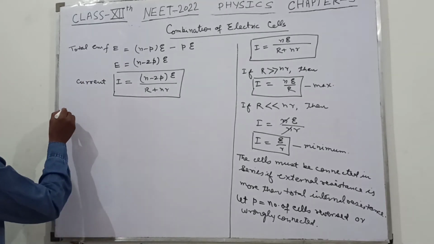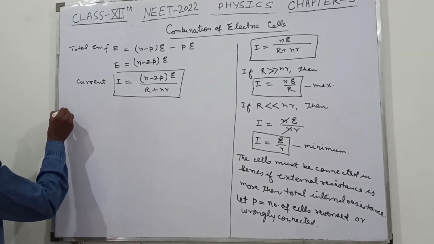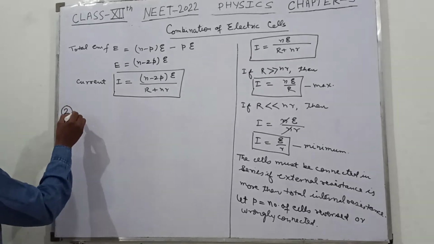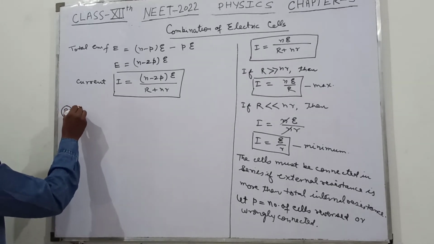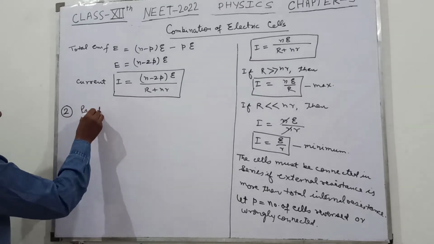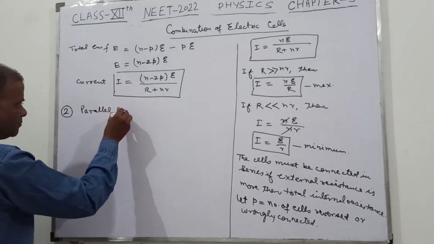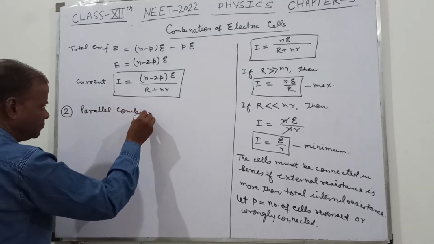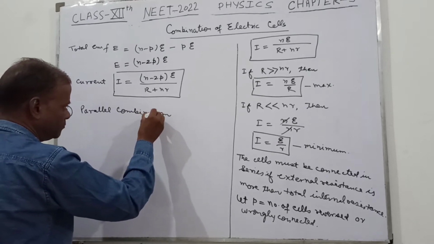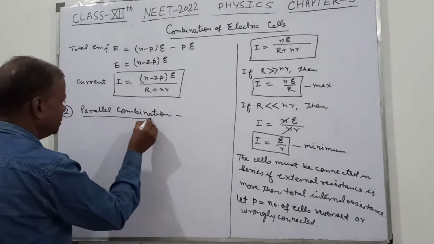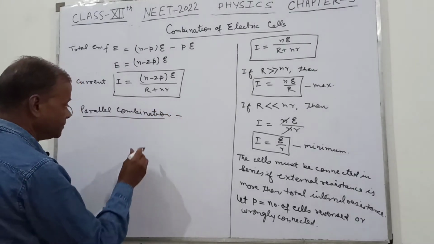Now second I take parallel combination. Now let us take the two cells.